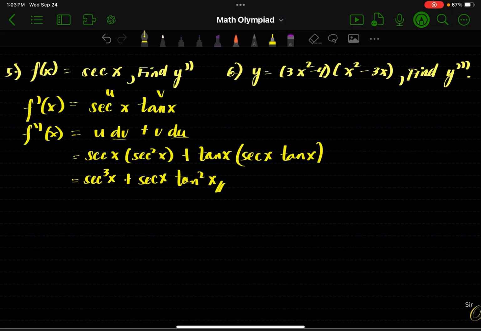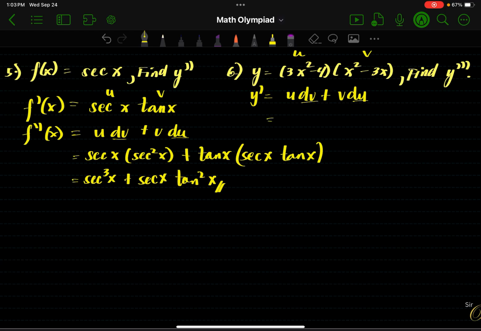Next, for number 6, this is also a derivative of a product of two functions. So let's apply the product rule. The 3x squared minus 4 will serve as our u, and x squared minus 3x will serve as our v. So the first derivative is u dv plus v du, or uv prime plus vu prime.